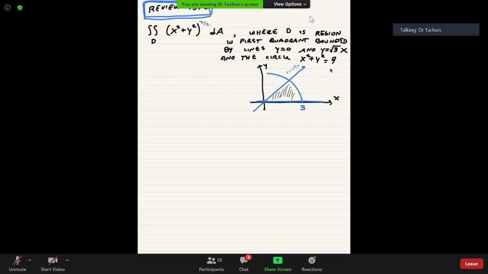All right, so now let's go ahead to our integrand and adjust it. What do we have for this integrand? Well, x squared plus y squared, let's make our conversions right here. What is x squared plus y squared equal to? That's your r squared, and that's going to be raised to the 3/2 power. You could change x to r cosine theta and y to r sine theta, but when you simplify that five steps later, it's r squared.